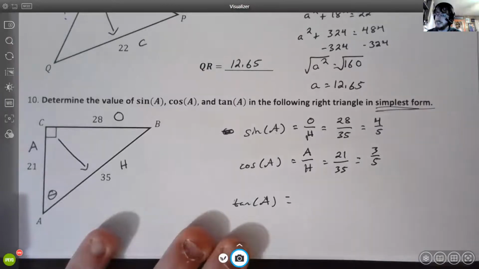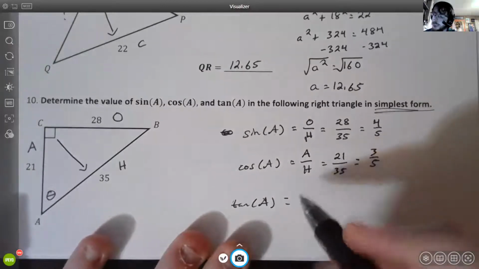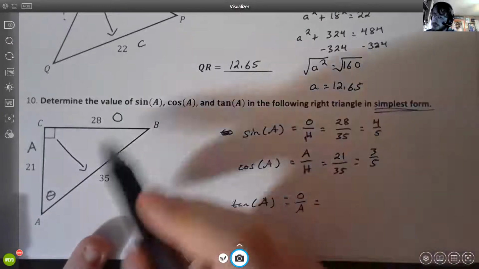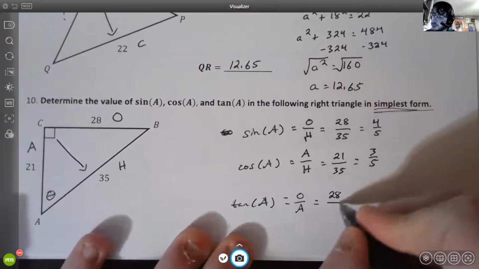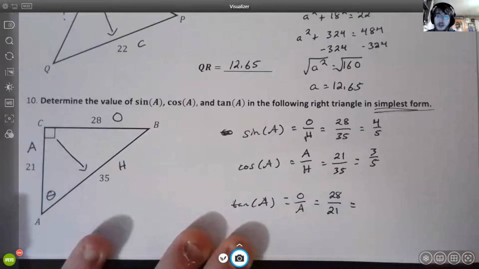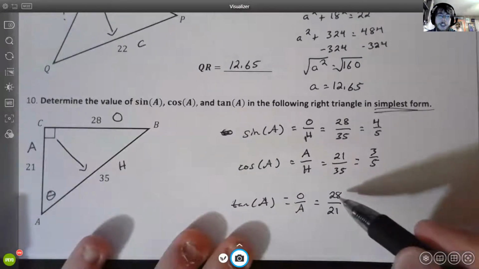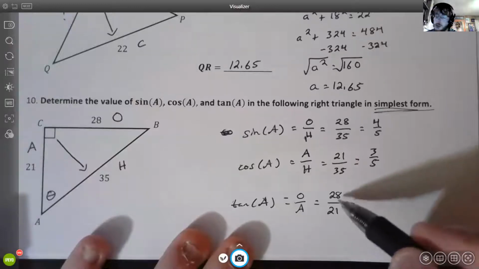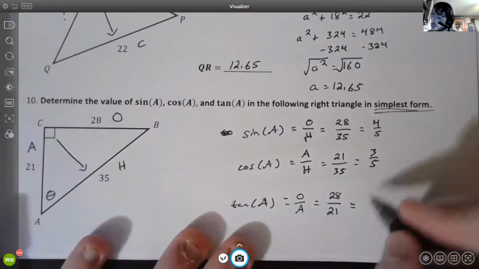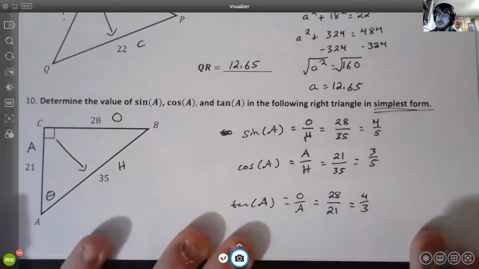And then finally, tangent of A. Tangent is opposite over adjacent. Our opposite side is 28, and our adjacent side is 21. So 28 over 21. If you plug that into Desmos, it will simplify to 4 over 3.